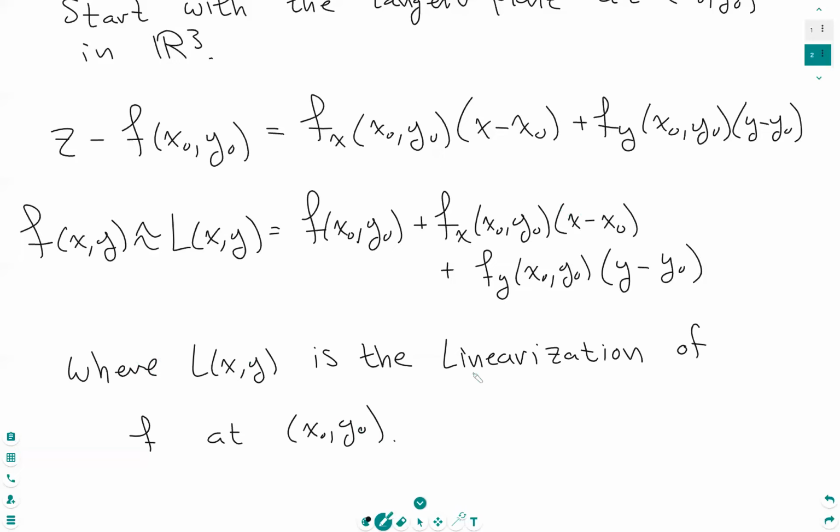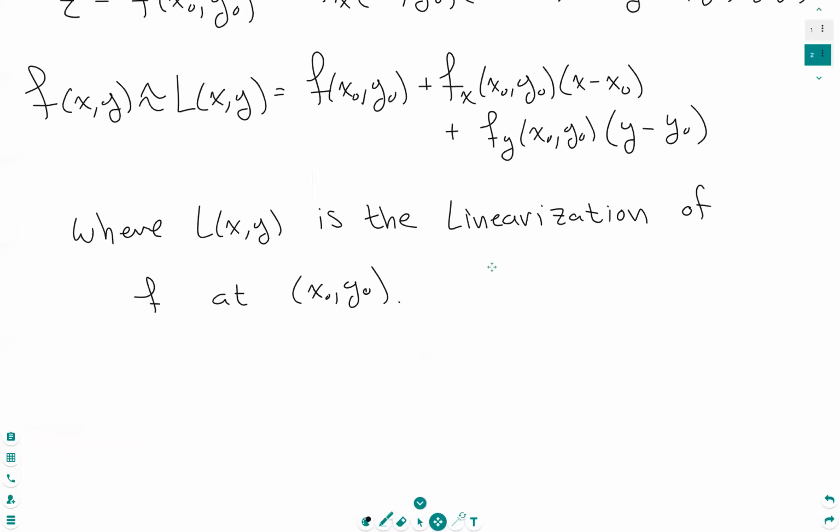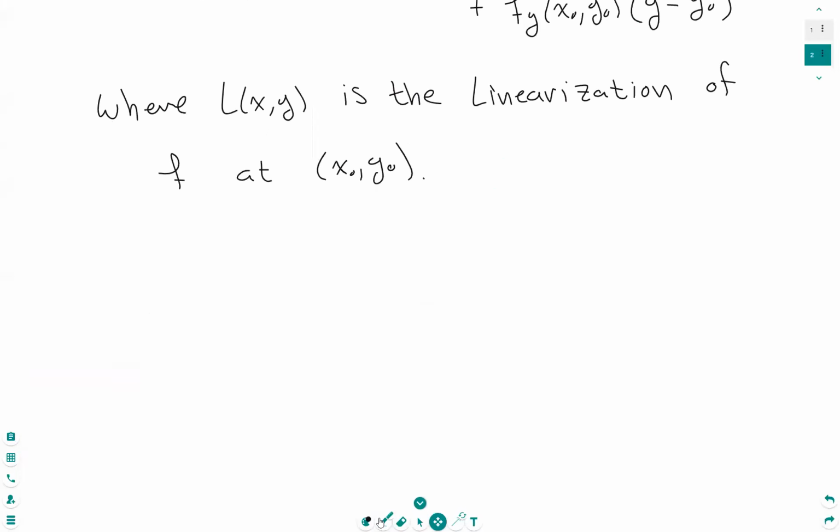But it takes the form of the tangent plane of the function f at x naught, y naught. So from here, let's talk about differentials.